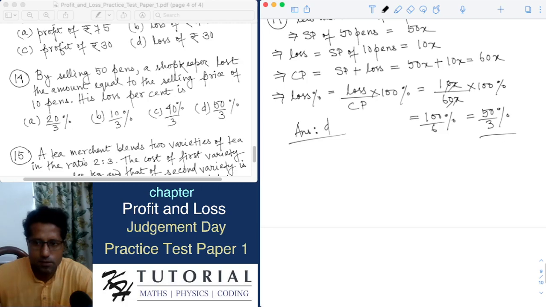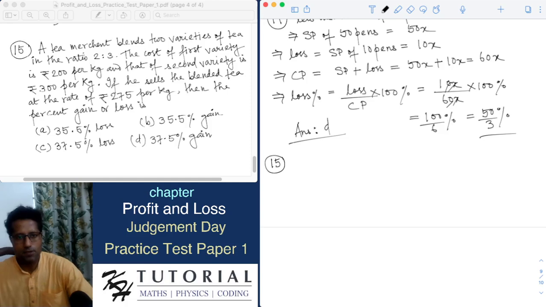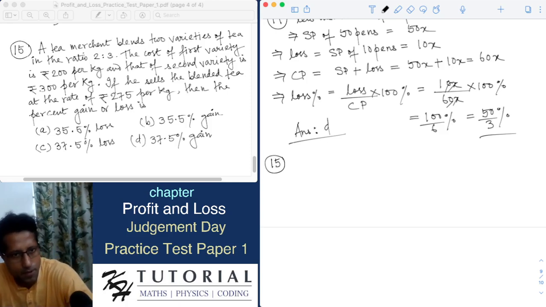Okay, let's do question number 15. A tea merchant blends two varieties of tea in the ratio 2:3. The cost of first variety is rupees 200 per kg, and that of second variety is rupees 300 per kg.